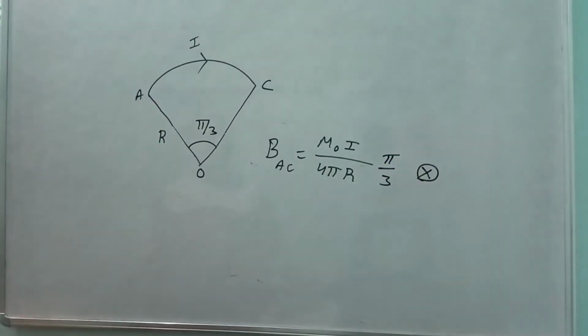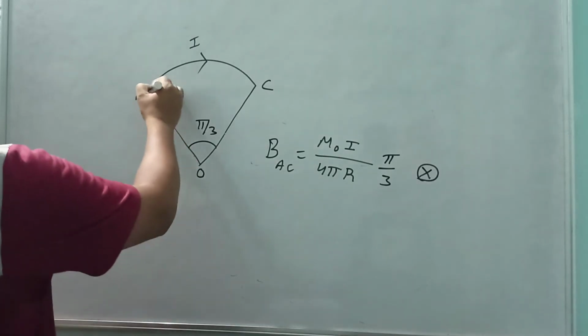Why? The current is in the clockwise direction, that's why the magnetic field is inward.